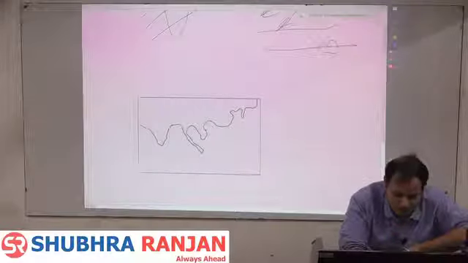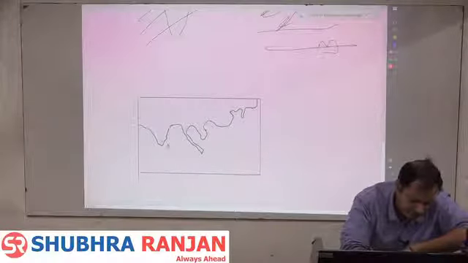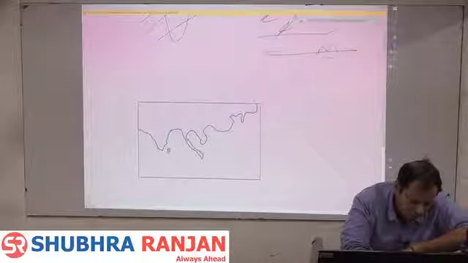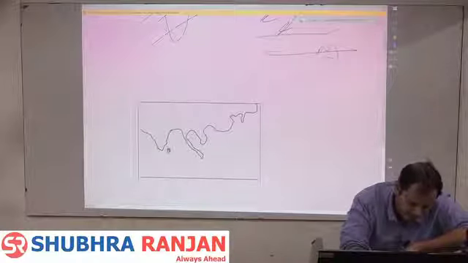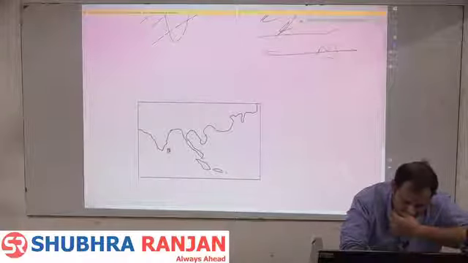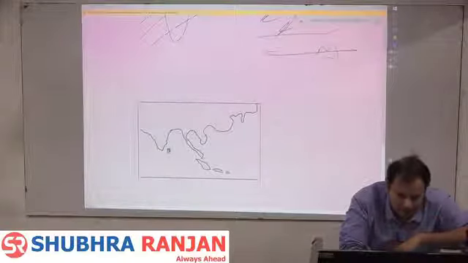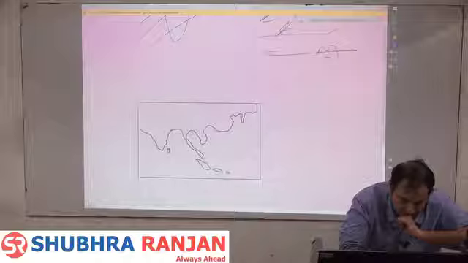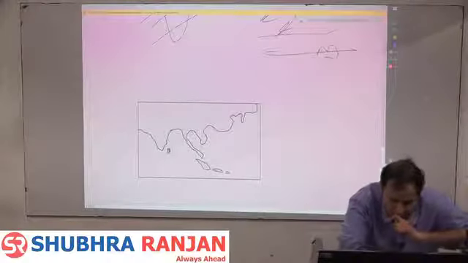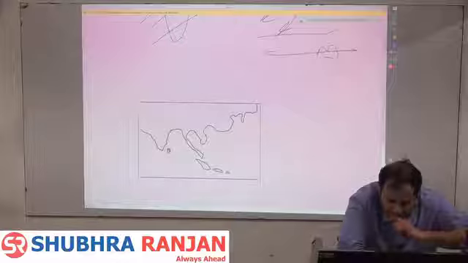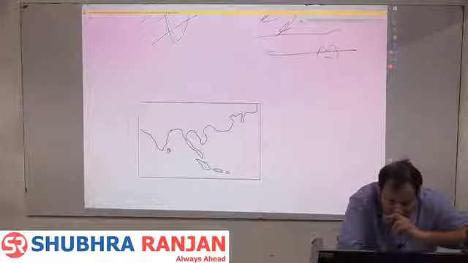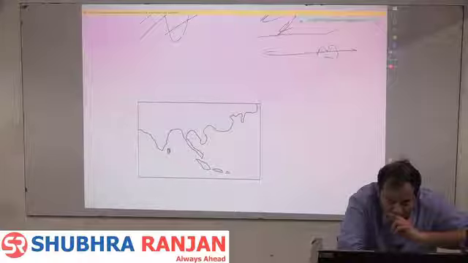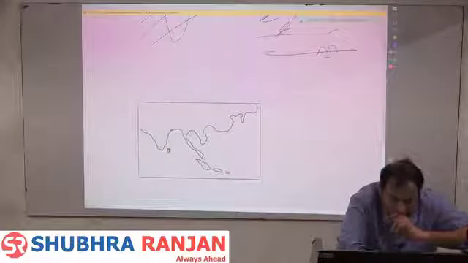In the winter, the sun shines vertically over the Tropic of Capricorn, and therefore the northwestern part of the Indian Ocean becomes colder.